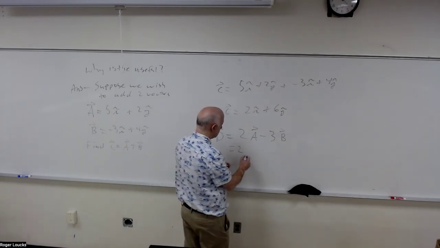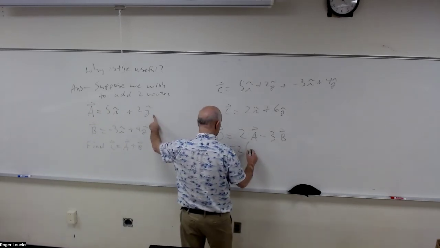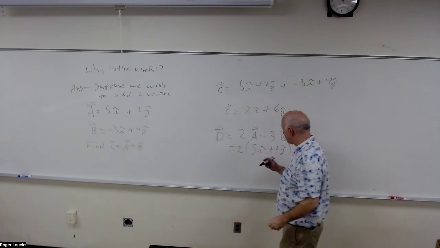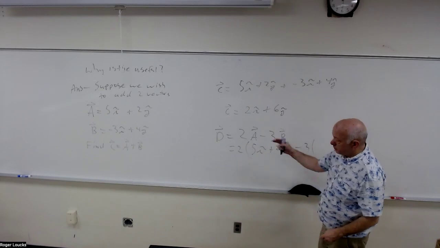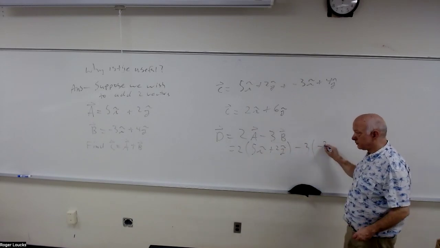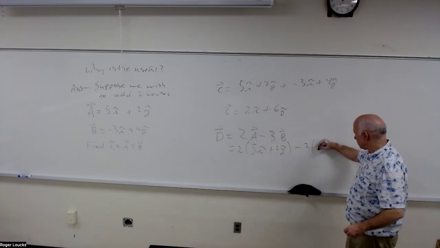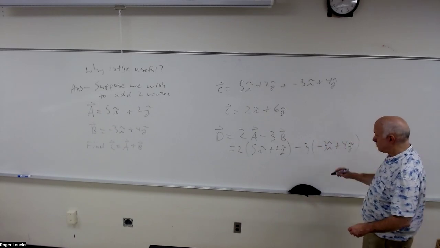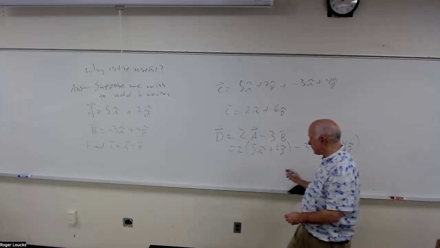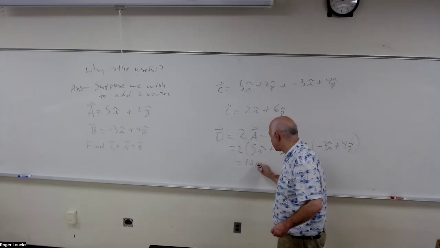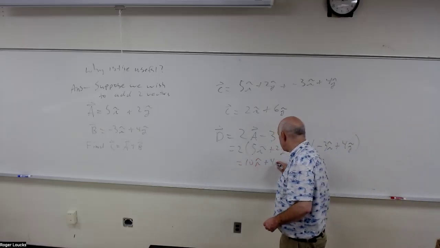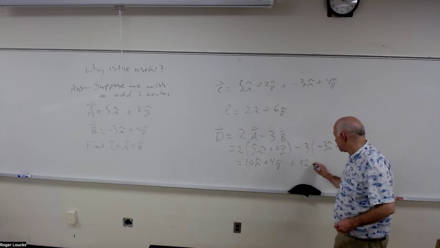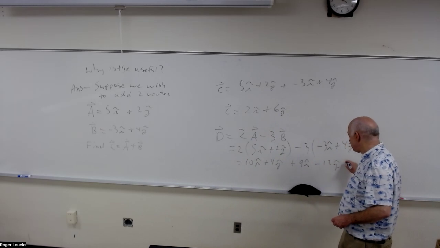You have 2 times my friend A, which is 5i hat plus 2j hat, and minus 3 times B, my buddy over here. I multiply everything throughout. So this gives me 10i hat plus 4j hat, and this times this gives me plus 9i hat minus 12j hat.